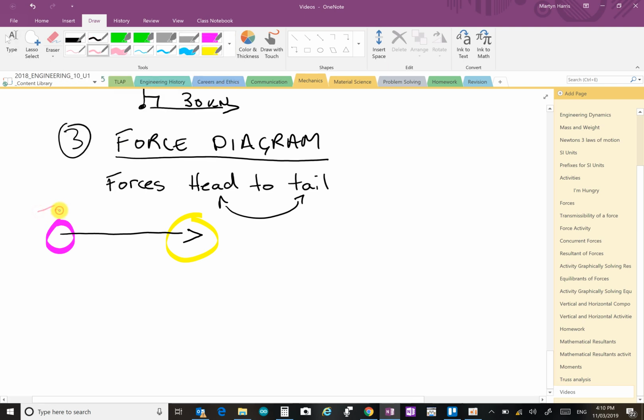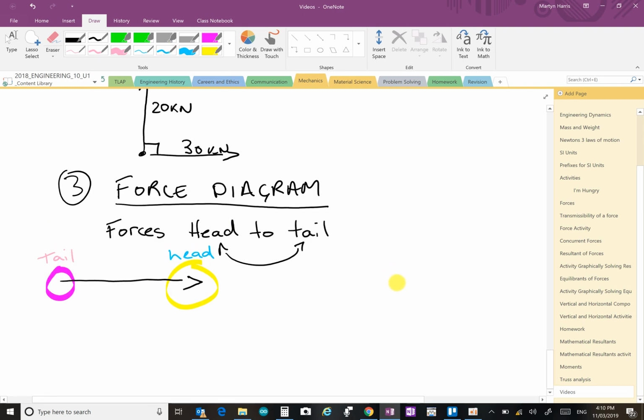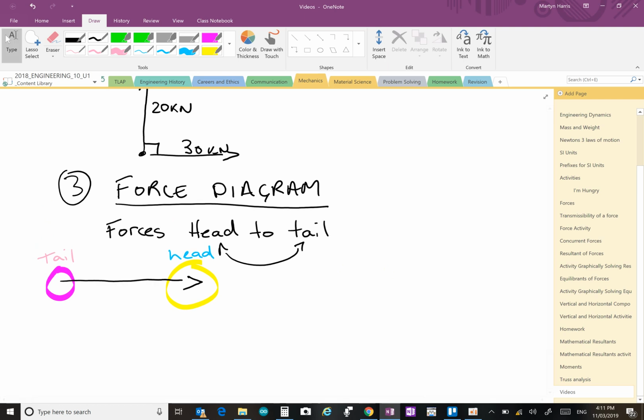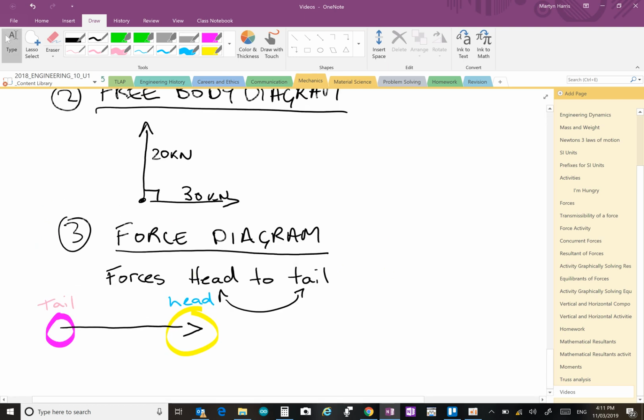This is called the tail, and this is called the head of the force. And so when we draw it in, we're going to draw it in head to tail. Just going back to my black pen, and let's do it in. Okay, so how do we do this? Well, we start off with one force. We choose any force, and there is methodology behind doing this, but I'm just going to make it really easy for us. And we start off with one force and work left.